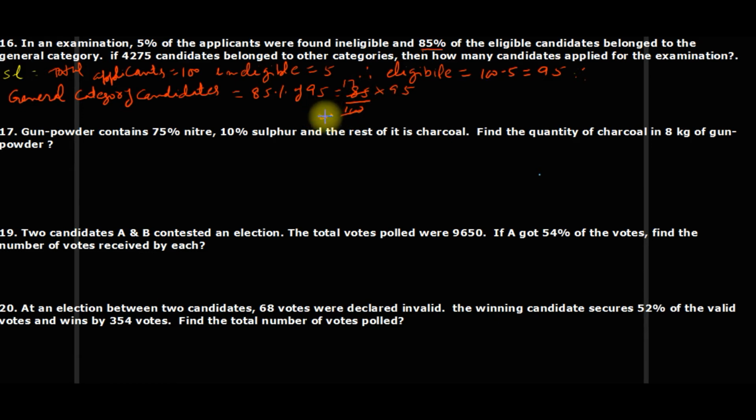We will multiply this. 9 7s are 63. 9 plus 7, this will become 3, this will become 2, and 1 plus 1 plus 2 is 3, so this will become 323 upon 4, right?